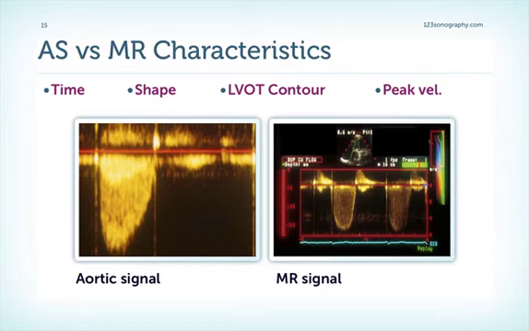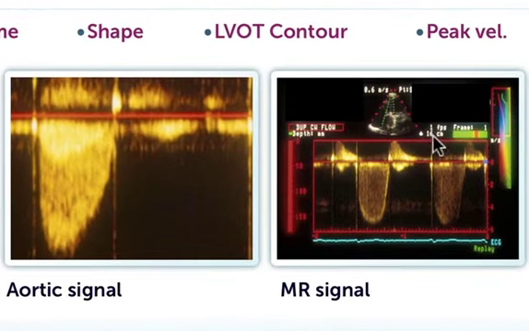Timing is different, for example. Mitral regurgitation is longer in duration, starting with the mitral valve closure and ending with the mitral valve opening. And looking at the signal of the aortic stenosis compared to MR, the aortic stenosis has a more dagger-shaped signal, whereas the mitral regurgitation is rounder in shape.